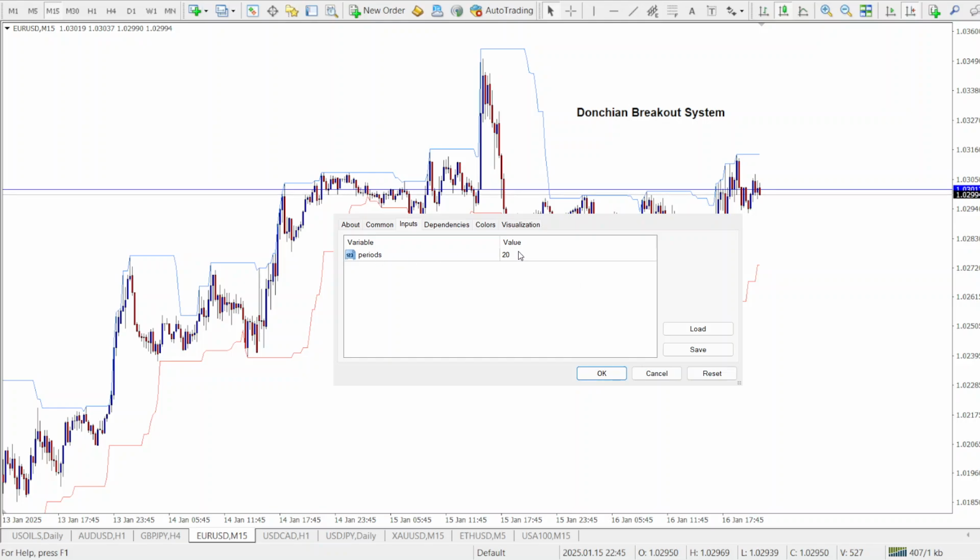You can see that the default setting here is 20, but you can decide to experiment with different settings such as 10 or 50, depending on your trading style and the market's volatility. But we can just focus on the default settings. You can use the 20 period setting for intraday or swing trading. It's a versatile option for capturing breakouts without too much noise.